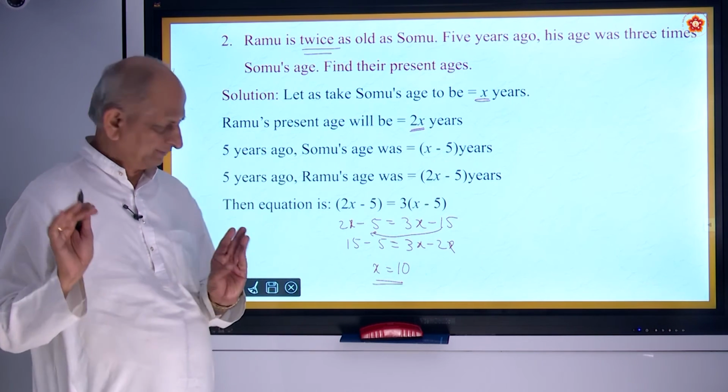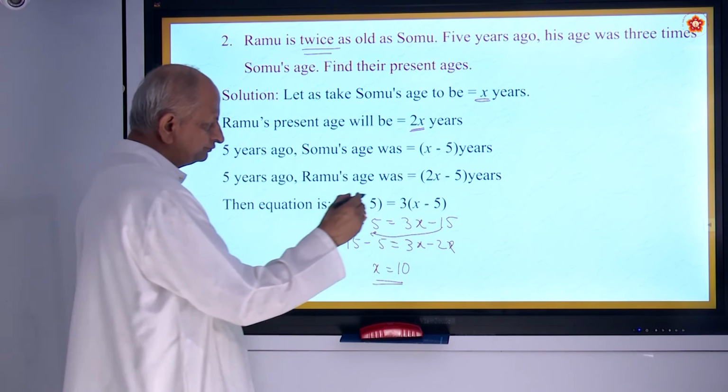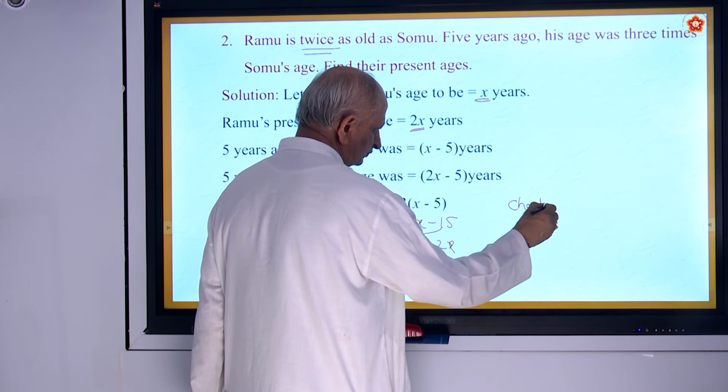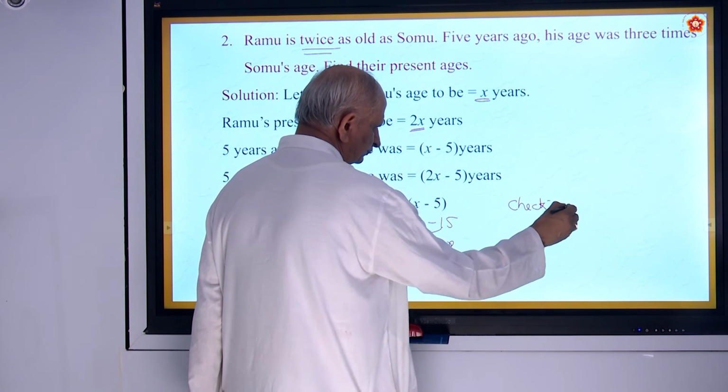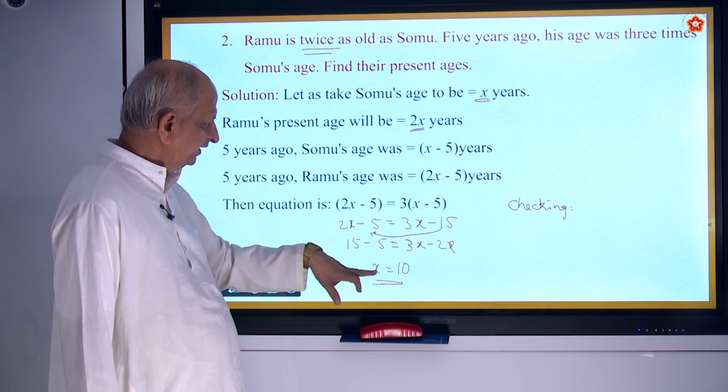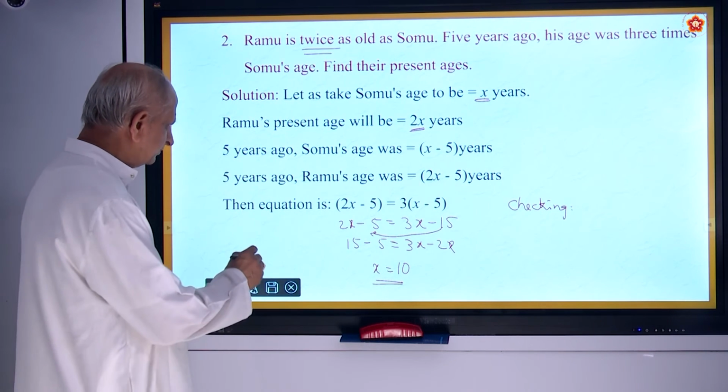Now let us verify. That is called checking. If you check it, take here only. x is 10 years. So what is the answer you write?